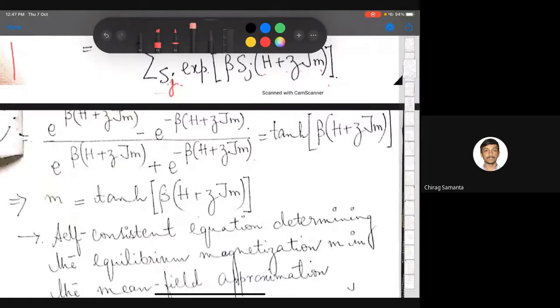So this is the equation that we get. Now let us ask, what is this M?